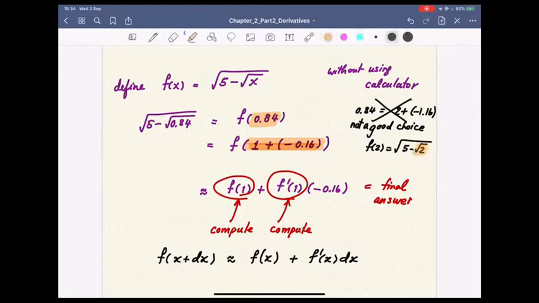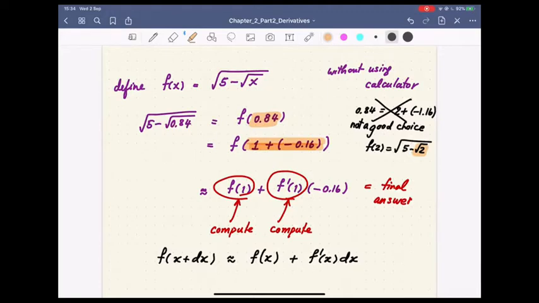Compared to that, if you use 1, you get square root 5 minus square root 1, which is a lot easier because you can compute it by hand. It's square root 5 minus 1, which is square root 4, which is 2. So to choose the point, choose the one that is close to the point you want to approximate and is easy to compute.